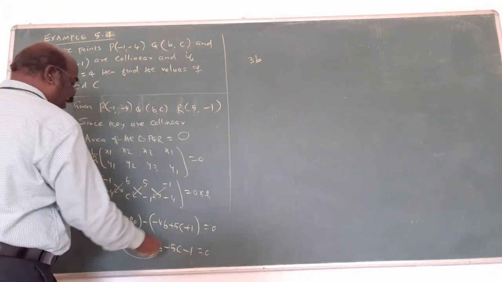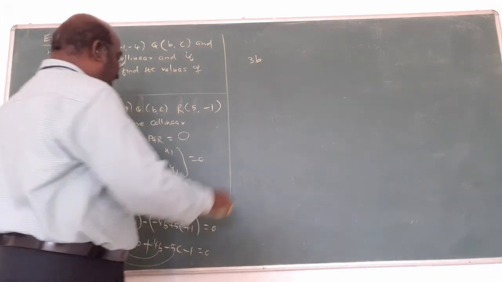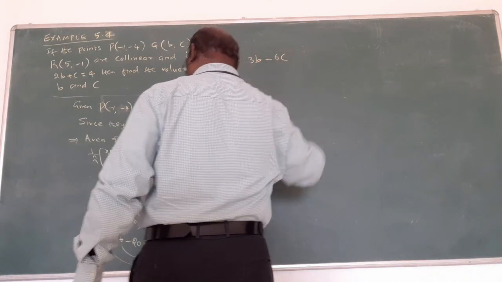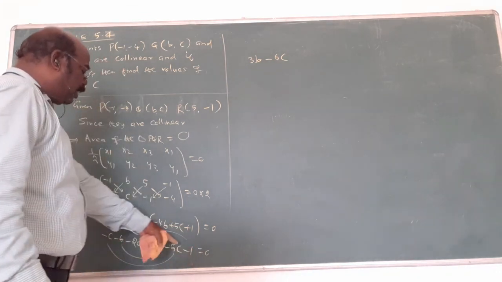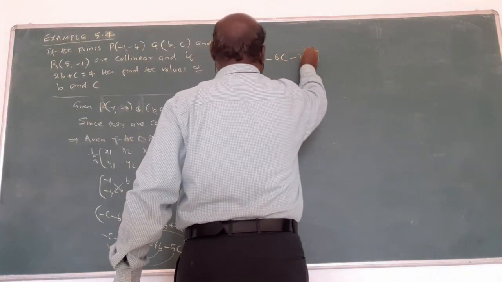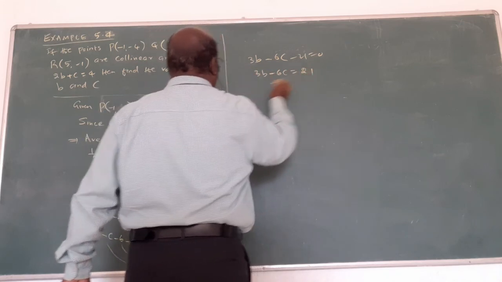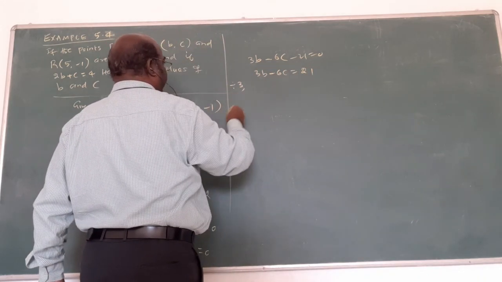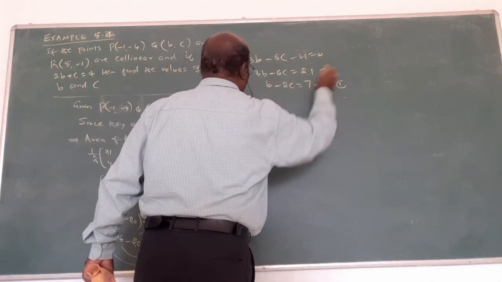Next, c with c, minus 5c, minus 1c, that's minus 6c. Number with number, minus 20 minus 1 is minus 21. So 3b minus 6c equals 21. All divided by 3: b minus 2c equals 7. This is the first equation.